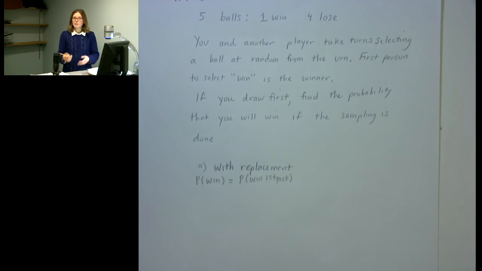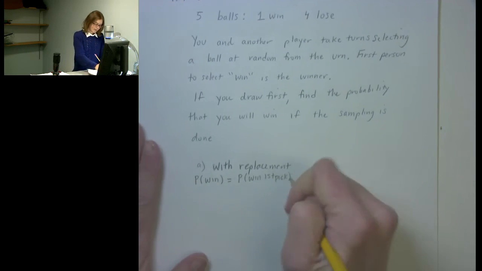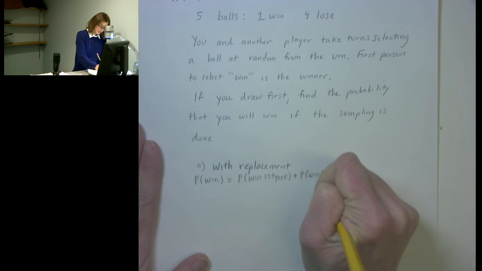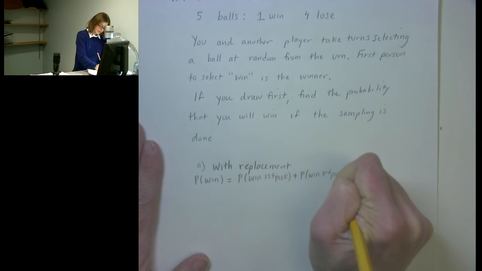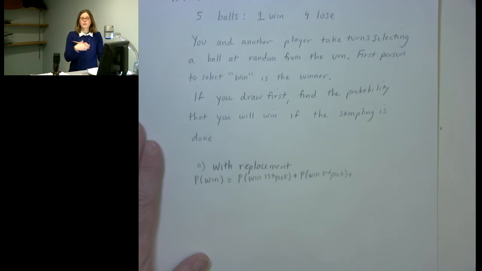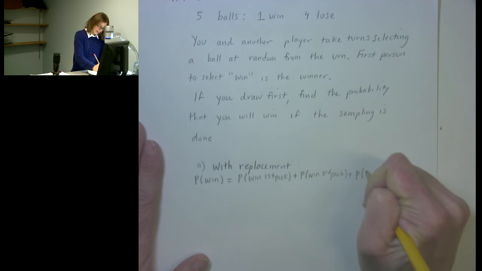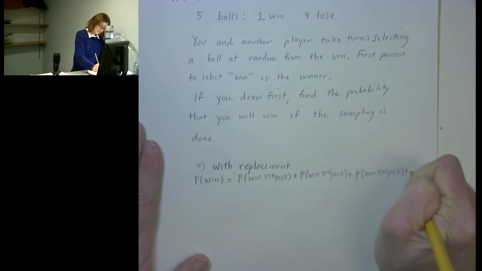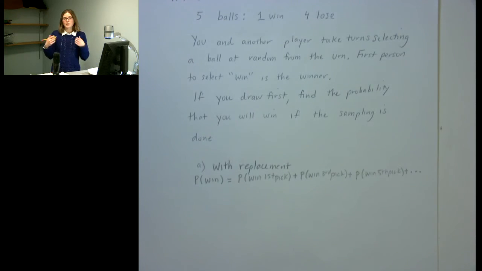Now, the second pick is going to be the other player, plus the probability that you win on the third pick, plus, okay, if you don't win on the third pick, the fourth pick is going to go to the other person. You could win on the fifth pick, and so on. Because we're sampling with replacement, it is theoretically possible that no one could ever win, right?